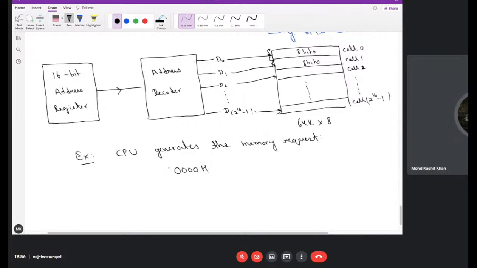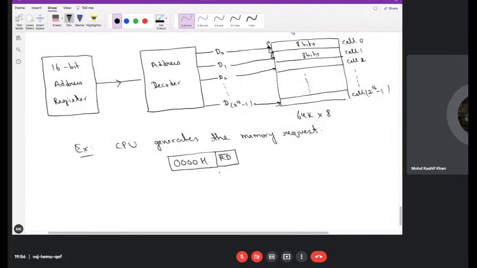H means hexadecimal. So each digit is represented using 4 bits, 4 zeros. Total 16 zeros are there in binary, but it has been written in hexadecimal. Hexadecimal means grouping of 4 zeros and ones. I hope it's clear. Everyone knows about hexadecimal. And there is a control signal, suppose read. This is the memory request generated by the CPU.